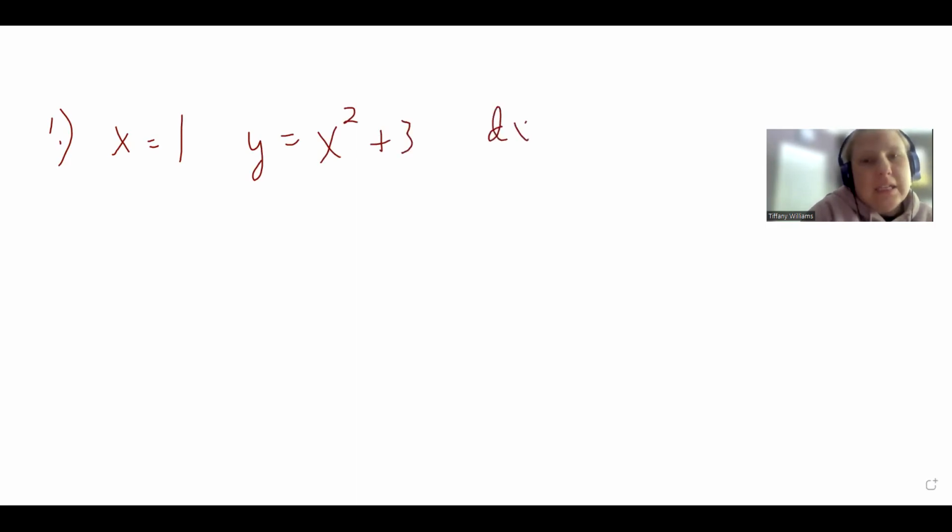On number 1, they give us x equals 1, y equals x squared plus 3, and they also give us dx/dt is equal to 4. Again, one of the biggest things to understand is we are not going to plug anything in too quickly, because when you plug stuff in, you get just numbers, no variables, which means when you take the derivative, they go away.